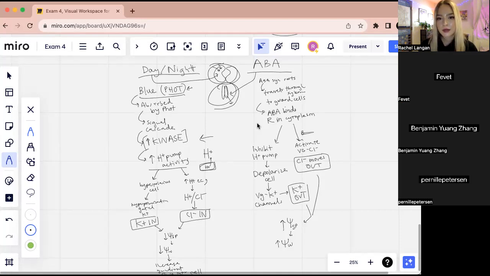So you would have to calculate what is the actual potassium ECG. Is it in or out? Because even if you activate ABA and you open these channels, the only thing determining which way potassium moves is that ECG. So you'll be given, yeah, some kind of weird case.